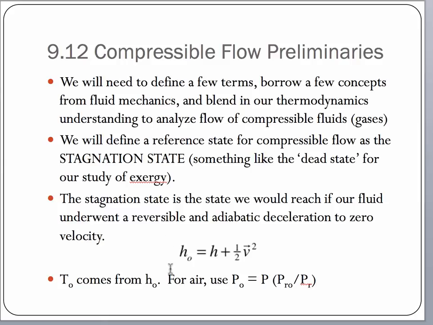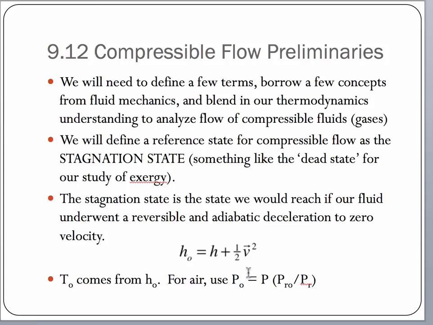Now once I have h naught, this stagnation enthalpy, then I can calculate T naught using, well, whatever rules you're using. If you're going to be using the ideal gas tables, or if you're going to calculate it from c sub p delta T, however you're doing that.